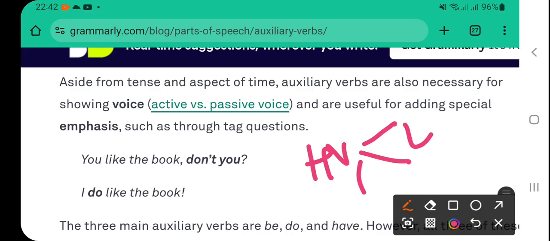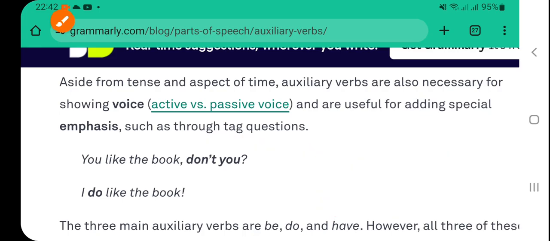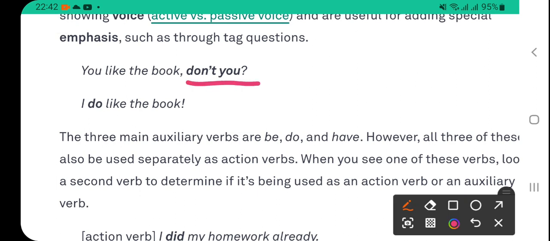And then question tag. So helping verbs are mainly used for three purposes. You like the book, don't you? This is a question tag, right? I don't like this book, right? So these are the examples.